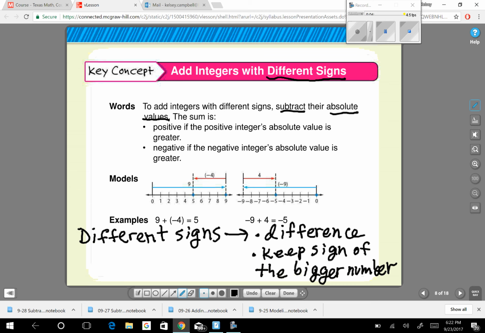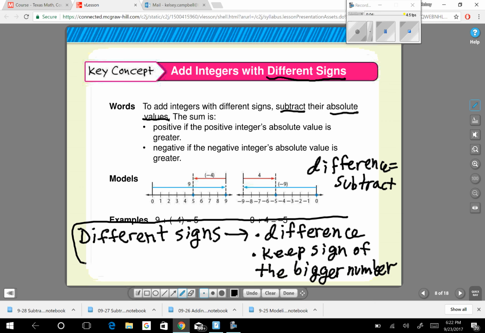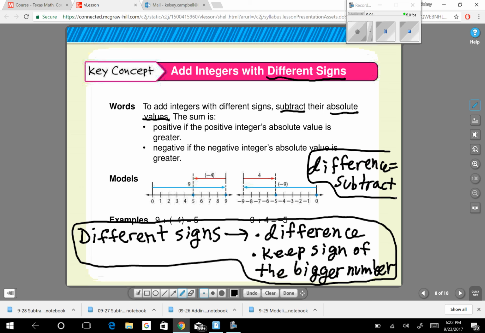Okay, so difference, remember difference means to subtract. Okay, so what you need to write down is this stuff here. And if you don't remember that difference means to subtract, you're going to write that down too.